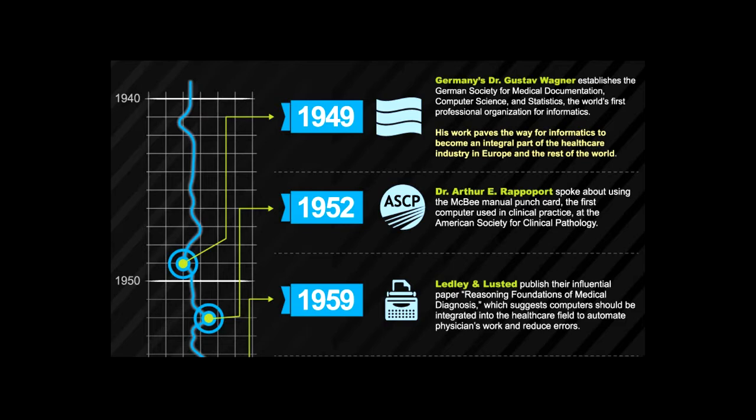So in 1952, Dr. Arthur Rappaport spoke about using the McBee manual punch card, and you'd have to know something about the first versions of computers to understand that there used to be a practice where they would actually take paper cards and stick them into machines, and the punch would put out a series of openings that could be read by the computer, kind of like the ones and zeros, but they were physically punched into the card.